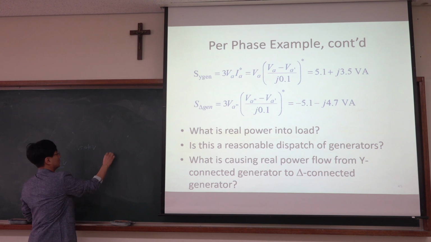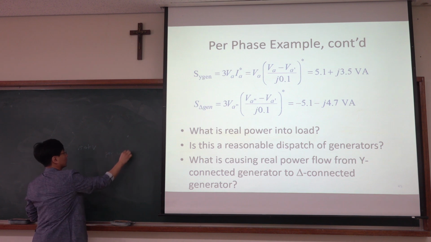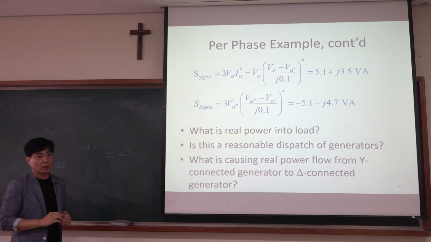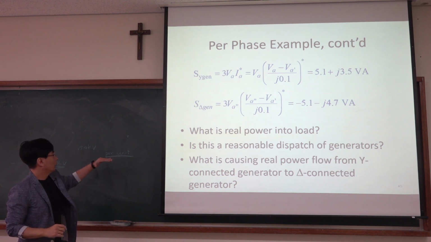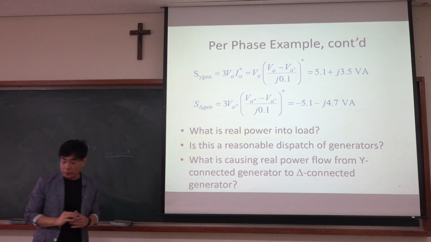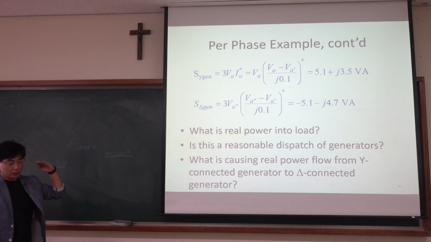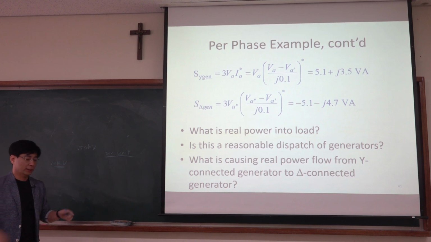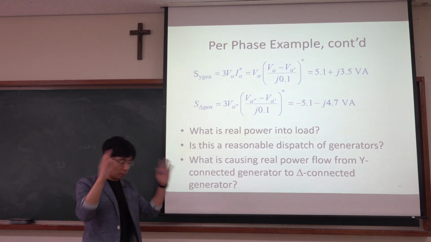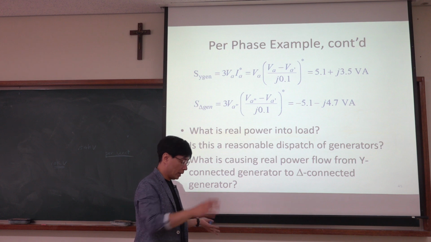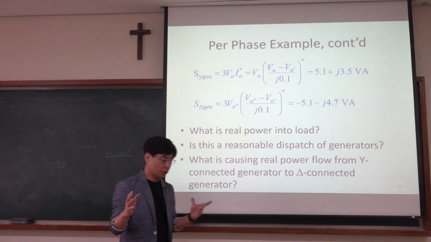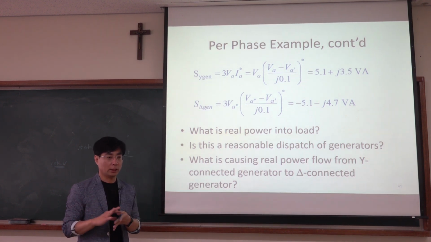we can do this per unit analysis. What is per unit analysis? That is, just normalize all the things by the amount. Just normalize the whole power system by dividing everything by like 100 megawatt or 100 gigawatt, something like that.